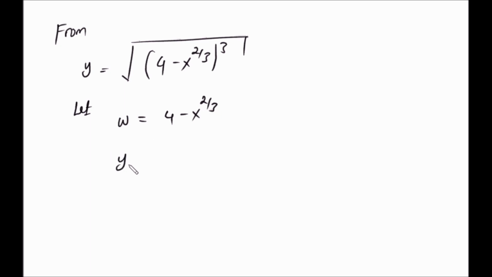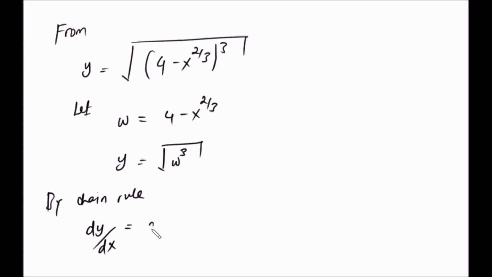Kwa hiyo kumbe y ni sasa na the square root of w cube. Kwa hiyo from chain rule au niseme by chain rule, dy dx ni sasa na dy dw times dw dx.